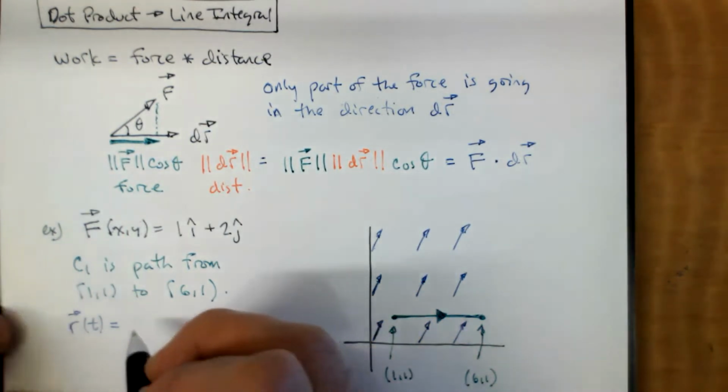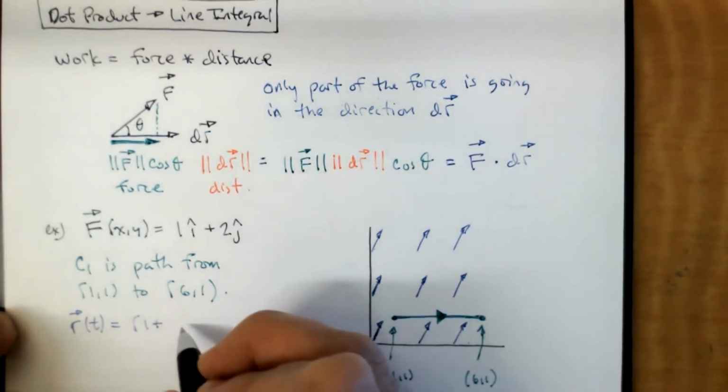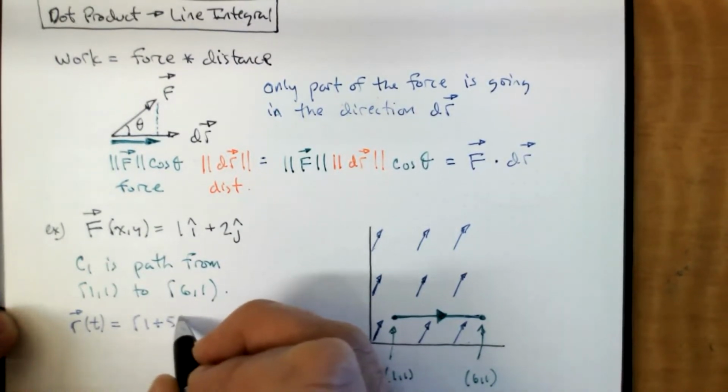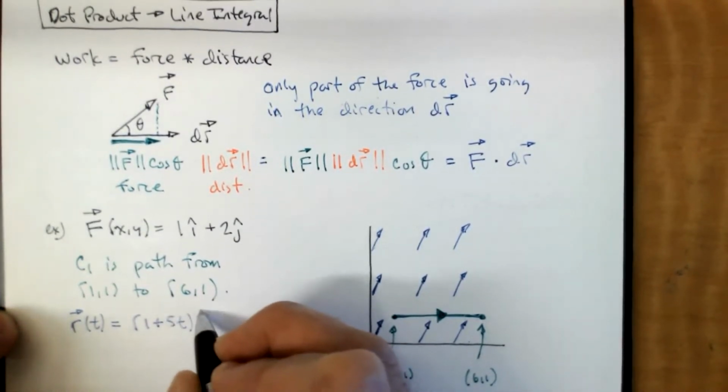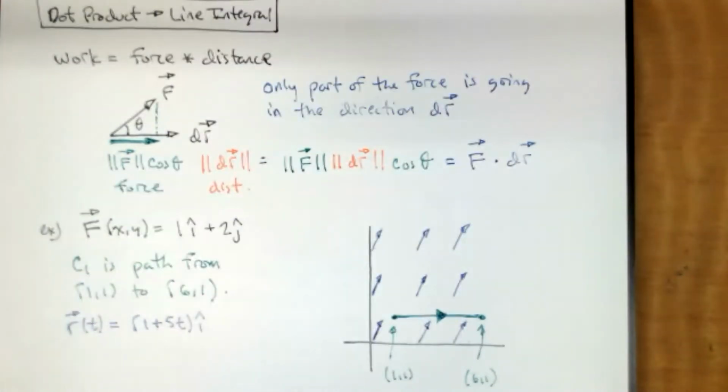So I can say the X starts off at 1 and increases by 5. So when t is equal to 0, r of t is equal to 1. When t is equal to 1, r of t has a 6i. The j component is always going to be 1.